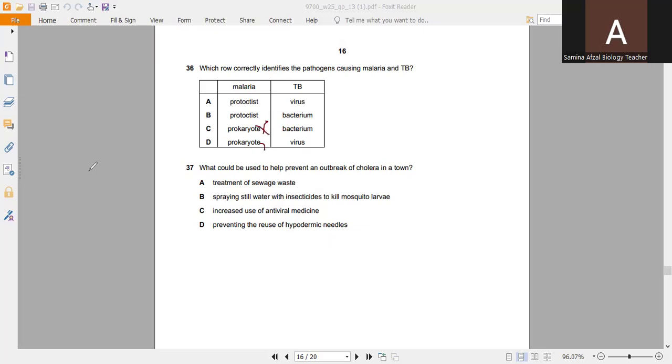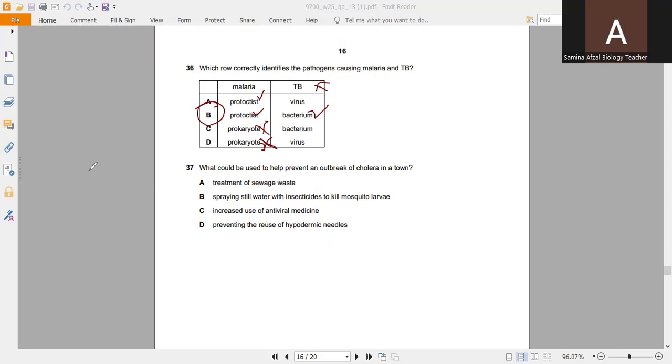They are not prokaryotes, so these are not the correct options. And TB is caused by a bacterium, not by a virus. So B is the correct option. Mycobacterium tuberculosis is the bacterium which causes TB.